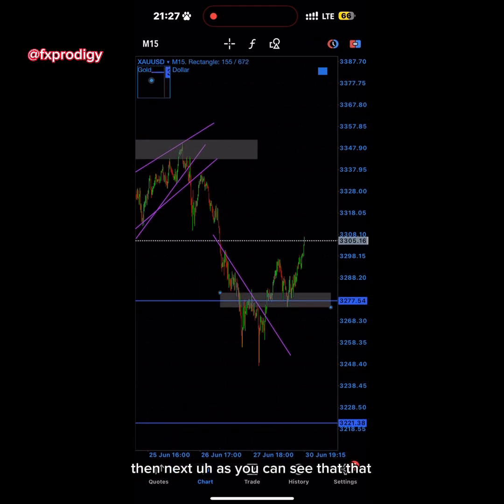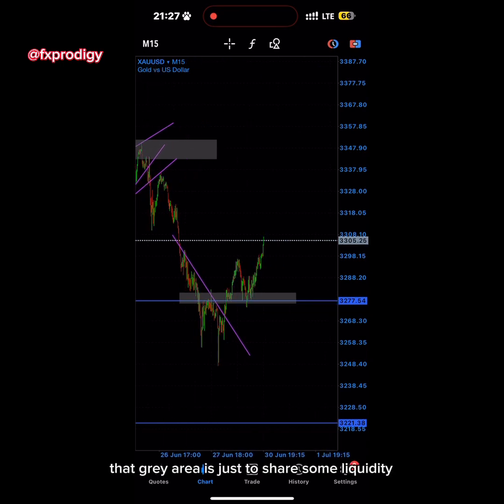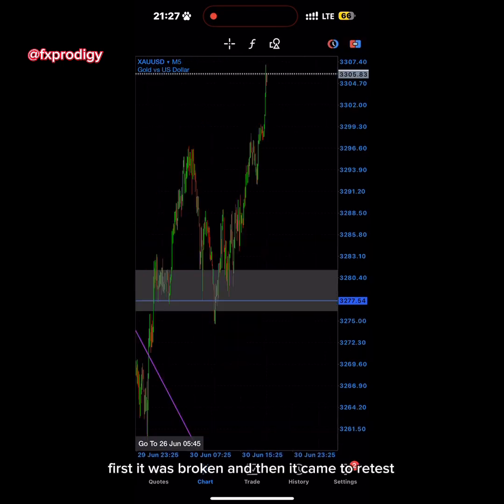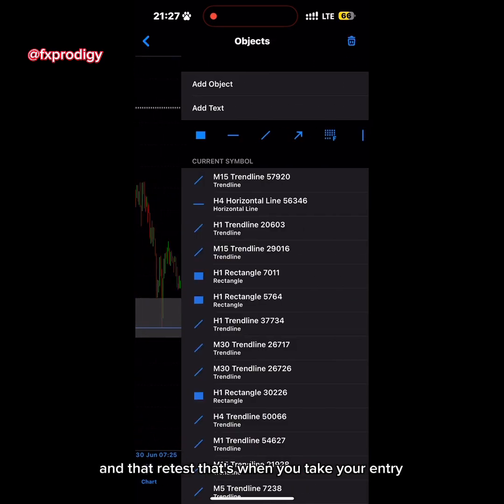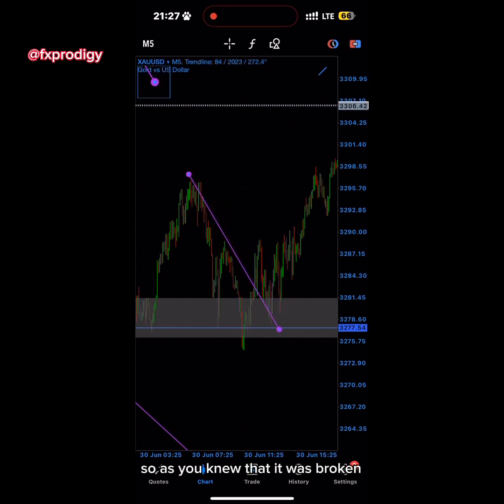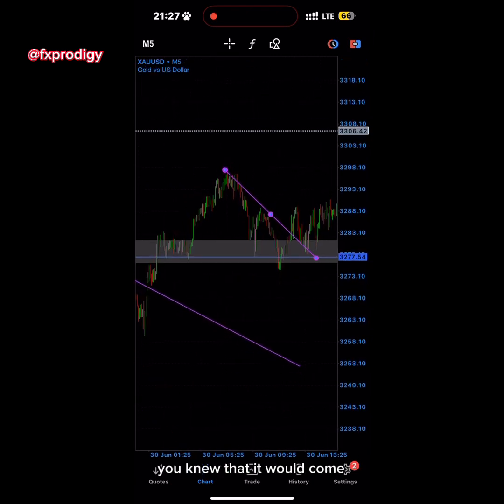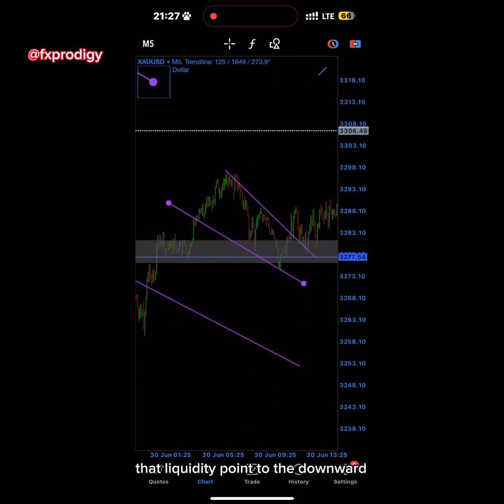Then next, as you can see, that gray area is just to show some liquidity. First it was broken, and then it came to retest, and then that retest, that's when you take your entry. So as you know that it was broken, you know that it would come, and it failed to break that liquidity point to the downward.